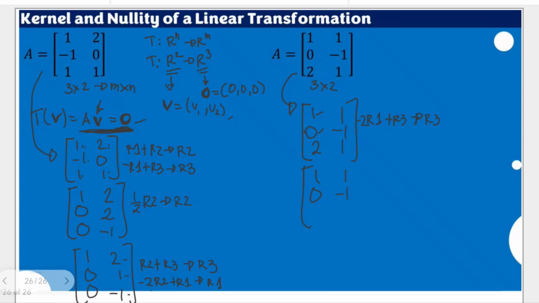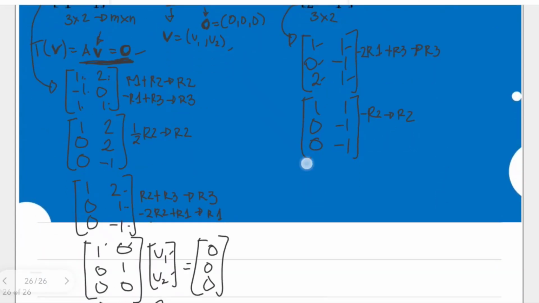Negative 2 times 1 is negative 2 plus 2, 0. Negative 2 times 1 is negative 2 plus 1, negative 1. Okay? So let's multiply negative 1 to row 2. So 1, 1, 0, that's positive 1, 0, and negative 1 here.